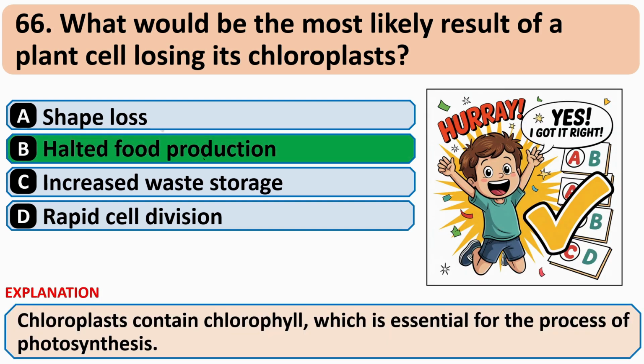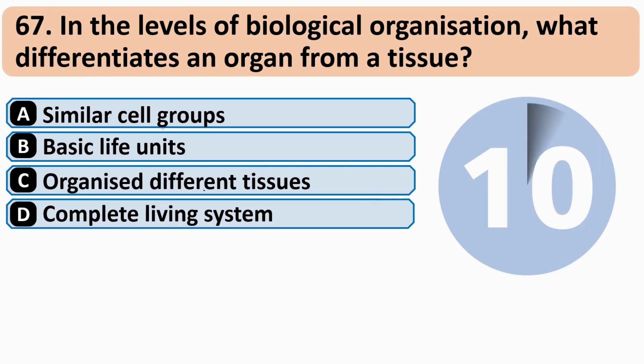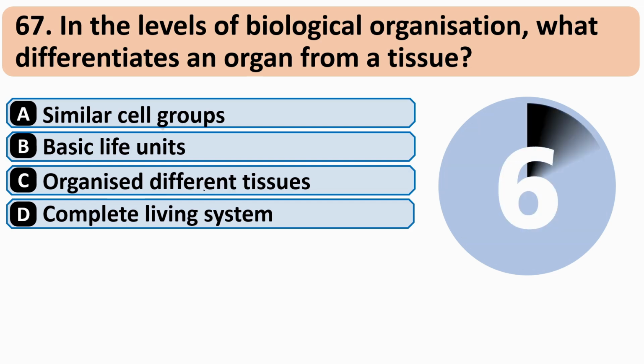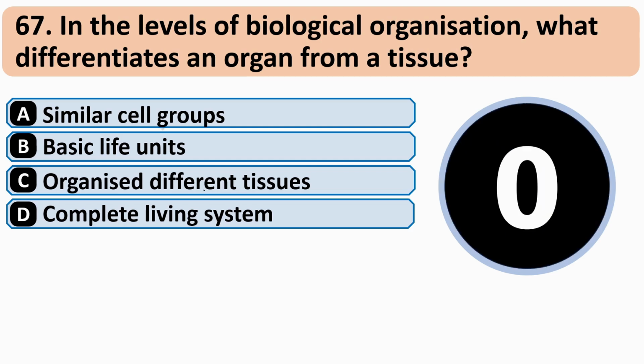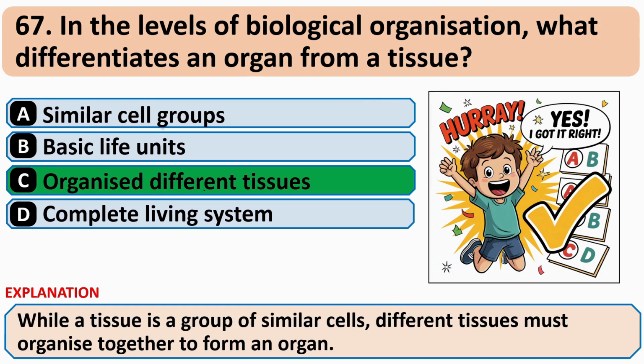And correct answer is B, halted food production. In the levels of biological organization, what differentiates an organ from a tissue? And correct answer is C, organized different tissue.